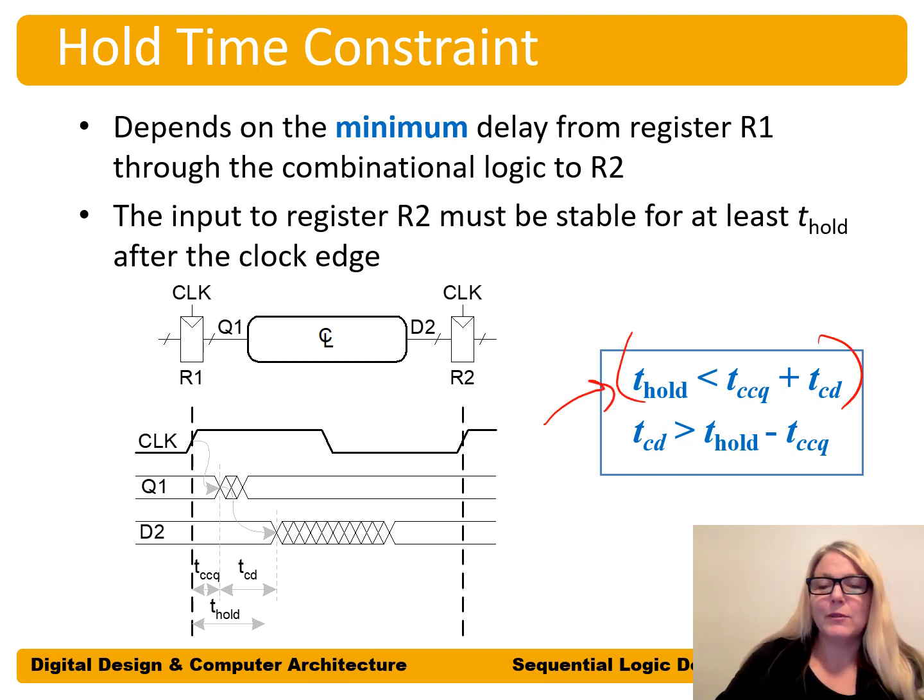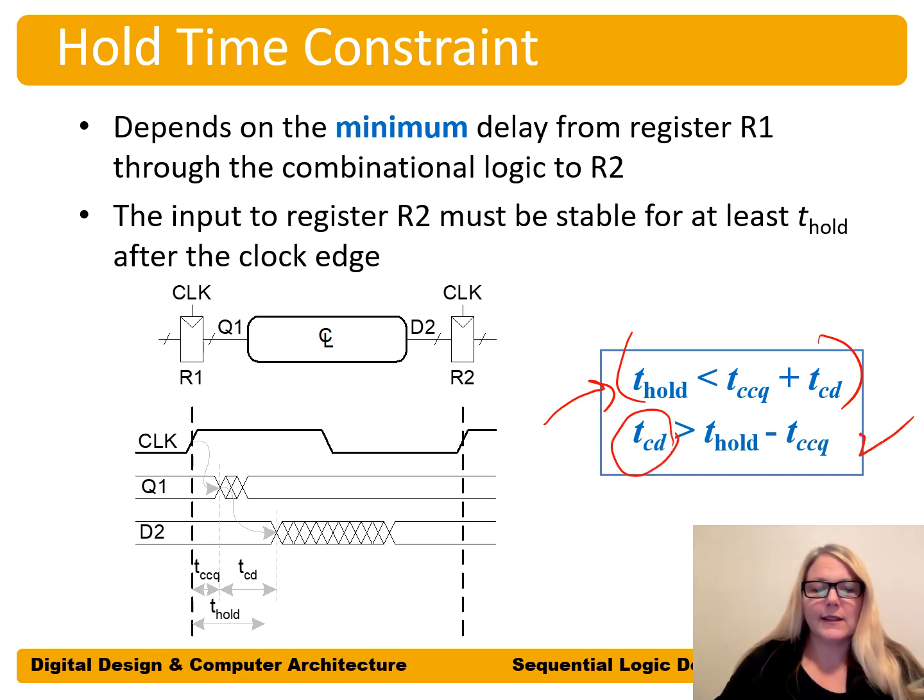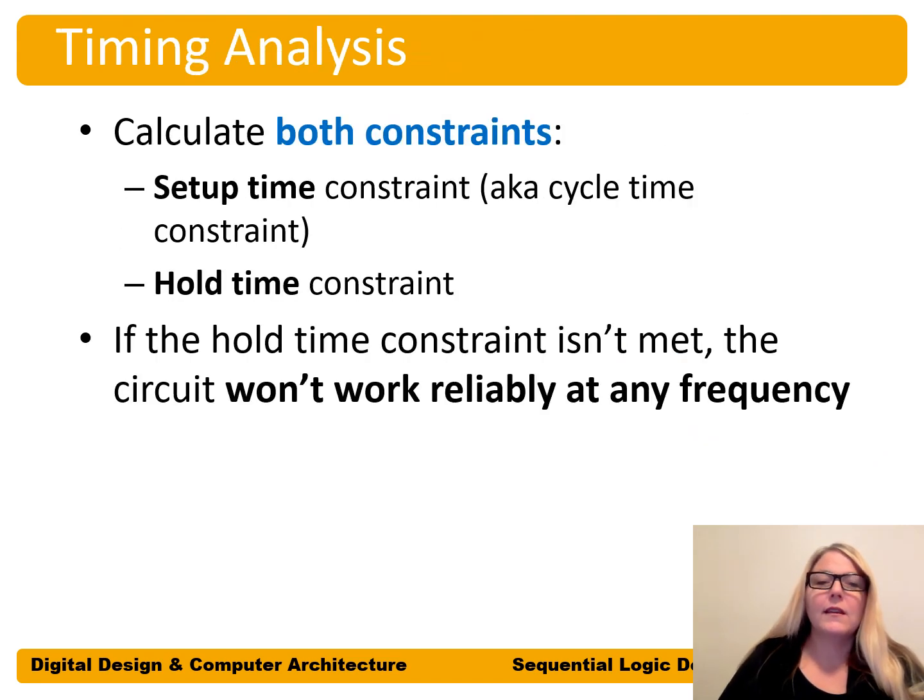And then using the equation in terms of thinking about what we can control, TCD, we can use that second version of the equation. So when we're doing timing analysis to see if our circuit operates correctly, we need to calculate both constraints: the setup time constraint, also known as the cycle time constraint, and the hold time constraint. If the hold time constraint isn't met, the circuit won't run reliably at any frequency.